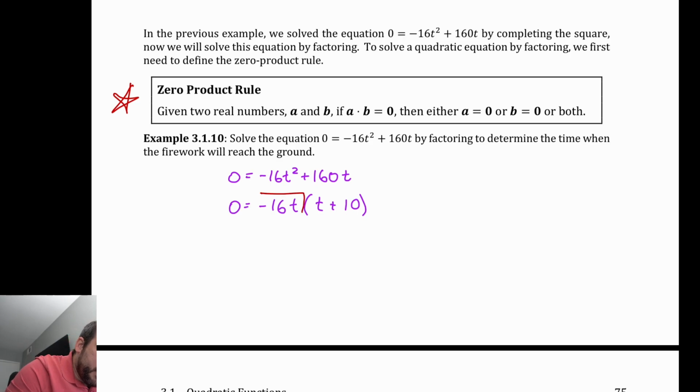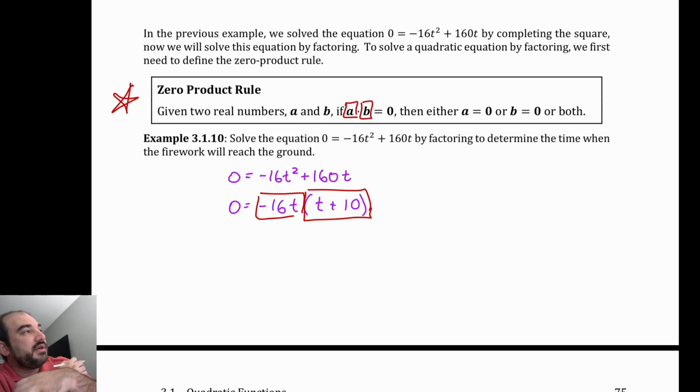And these are being multiplied together, right? We have a negative 16t times a t plus 10, which is essentially the a and the b from the zero product property. Technically there are three things multiplied together, right?